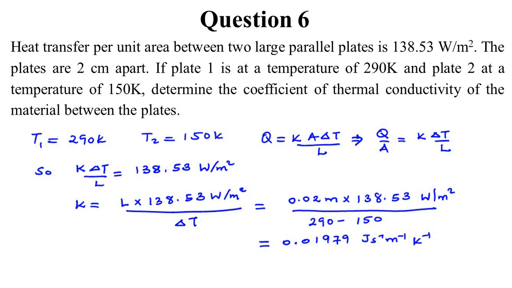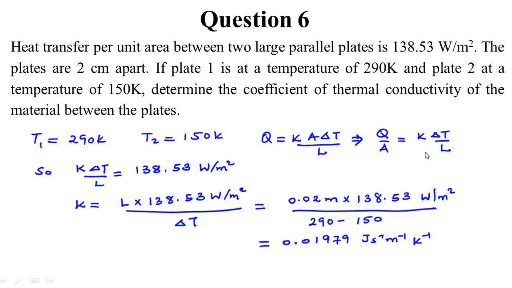That rate of transfer is given by this expression. In our calculation, we have been given the heat transfer per unit area, that means the expression Q over A, which is K delta T over L.